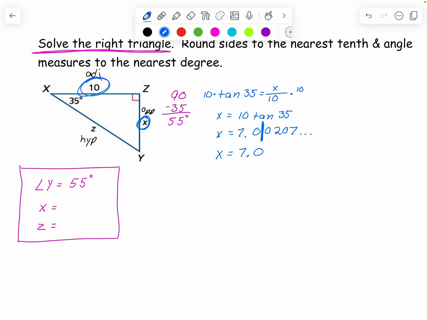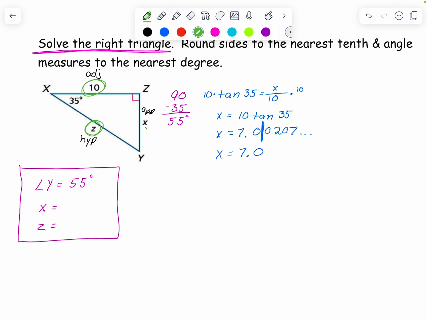That is important. Now, to find our last side, we have two options. We could do trig again, and if we choose to do that, then we would be using our z, and then since I don't want to use my own answers, I would be using the 10 again. So I'd be using adjacent and hypotenuse, which would be cosine.